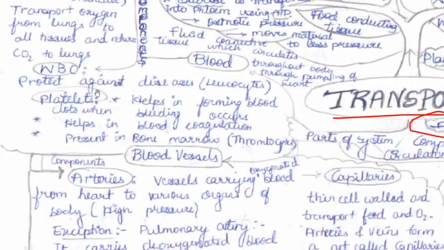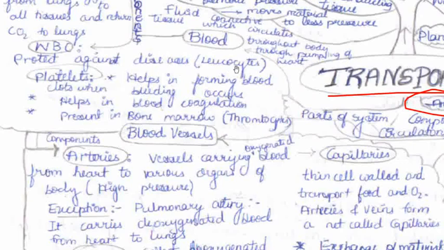The next component is platelets. What is the function of platelets? They help in forming blood clots when bleeding occurs. That means whenever we get an injury, when we fall down and the blood flows out, the affected part will get injured.